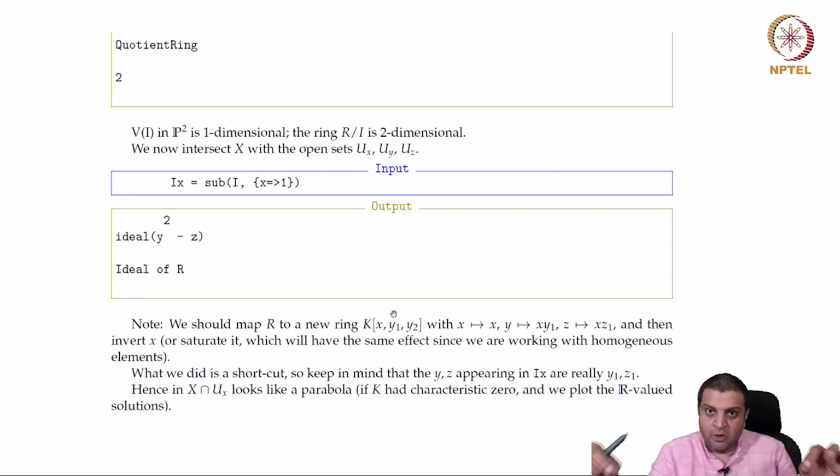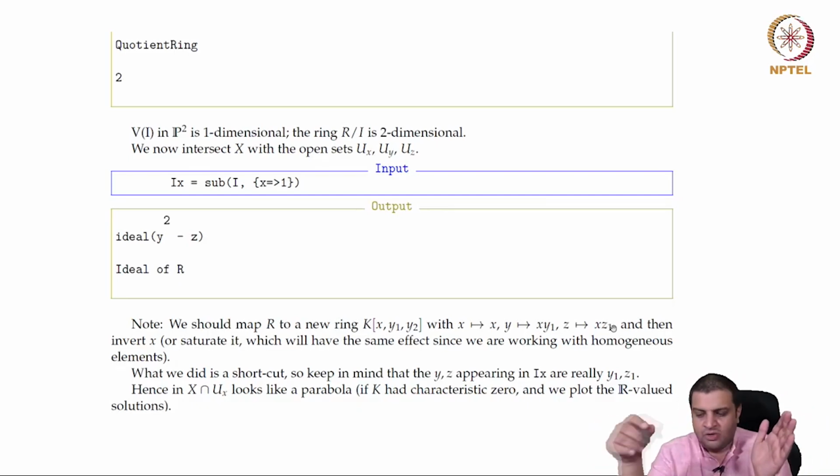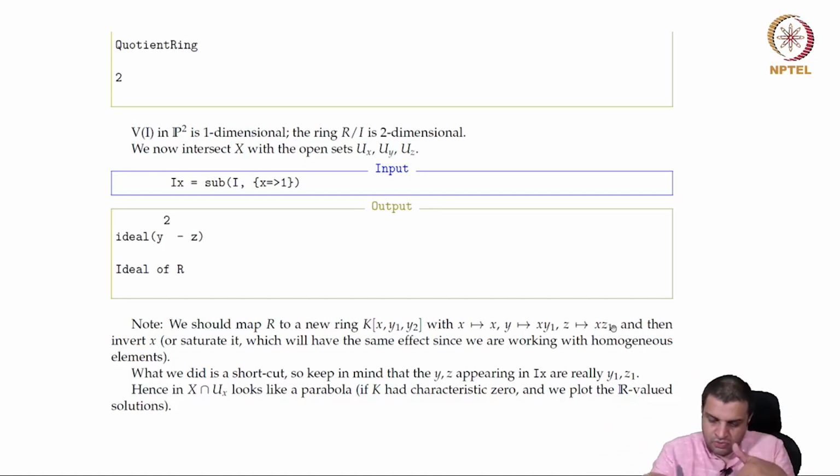If you have a homogeneous polynomial in x, y, z, and we substitute y as x times y1, and z as x times z1, then that whole polynomial will be x to the homogeneous degree times some polynomial which does not involve x at all, just y1 and z1. That's what you have to do, but the cheap trick is just to substitute x to be 1.